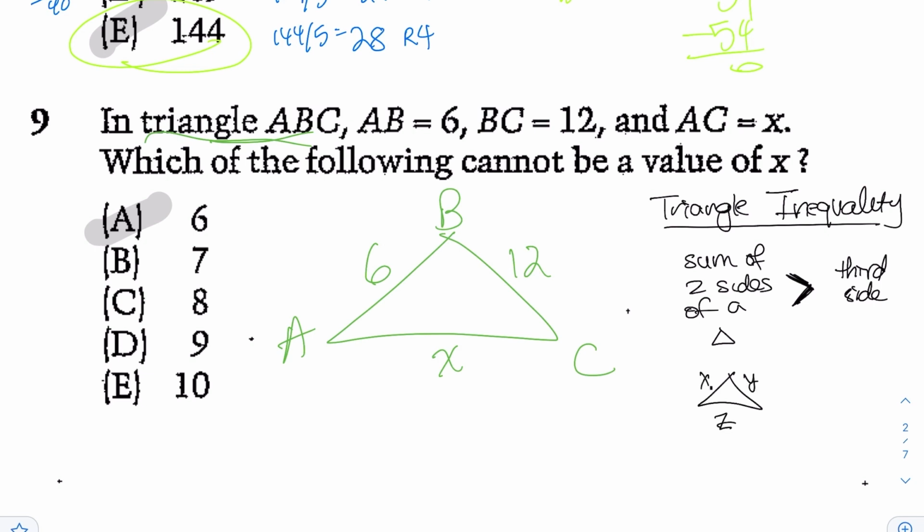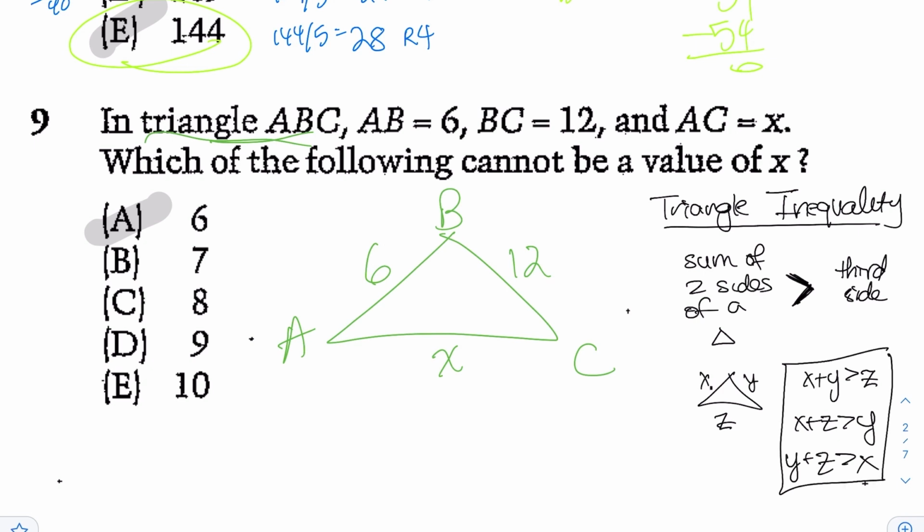If you have a triangle with sides of x, y, and z, x plus y has to be greater than z, because the sum of these two sides has to be greater than the third. Next up, x plus z has to be greater than y. Those two sides added up have to be greater than y. And then finally, y plus z has to be greater than x. So all of these have to be satisfied here.